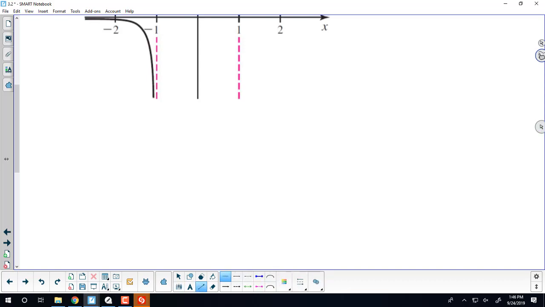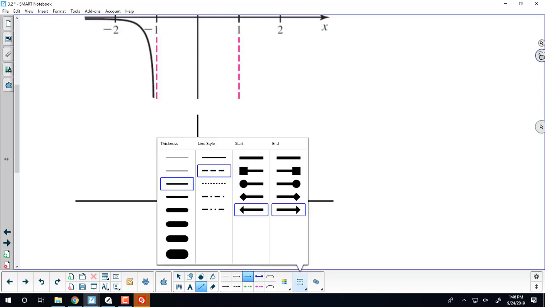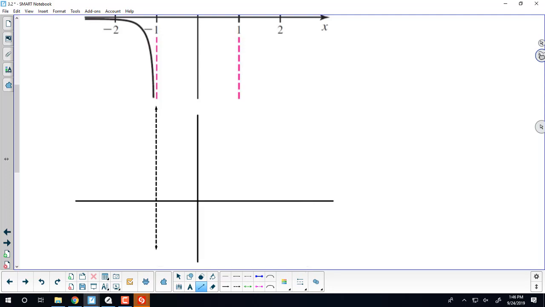So will your derivative. All right, why would that be the case?